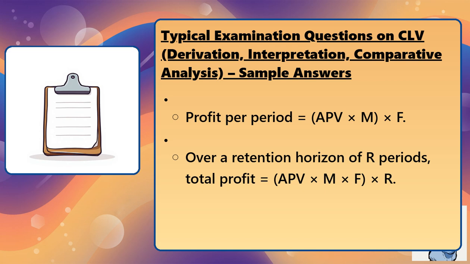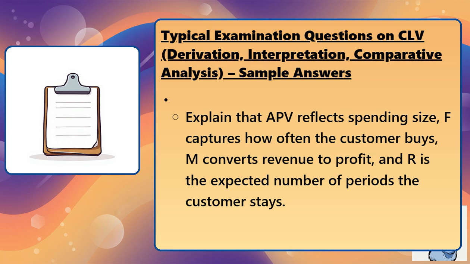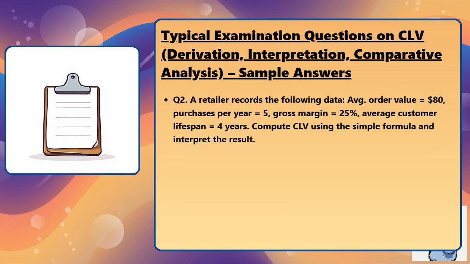Over a retention horizon of R periods, total profit equals average purchase value times margin times frequency times R. Rearrange to average purchase value times frequency times margin times R. Explain that average purchase value reflects spending size. Frequency captures how often the customer buys, margin converts revenue to profit, and R is the expected number of periods the customer stays.